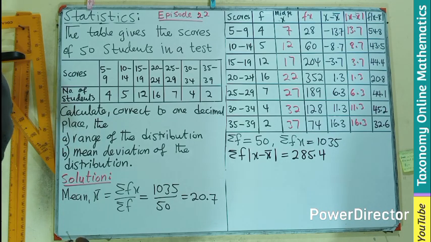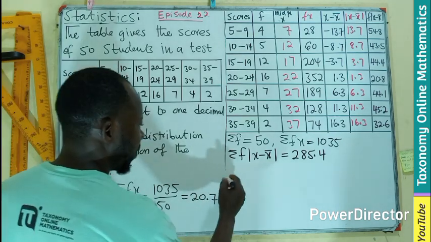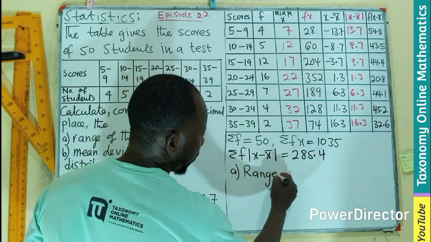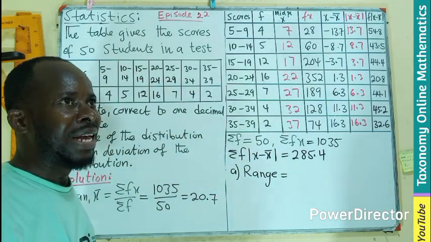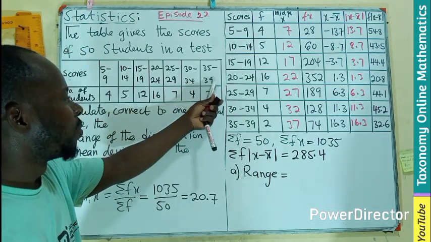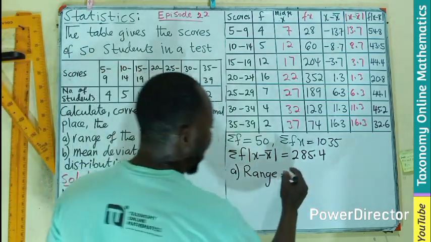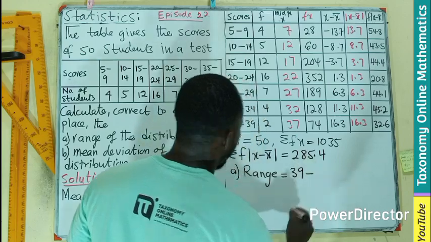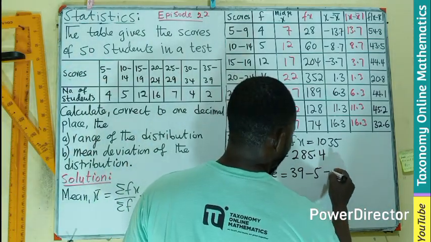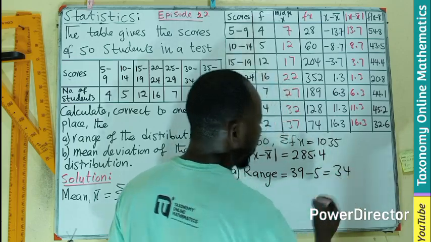So what's the question number? Okay, I think we've not even found the first one. The first one is to find the range. The range is the highest number minus the minimum number. So the highest number here is 39, and the minimum number is 5. And that should be giving you 34, I guess.